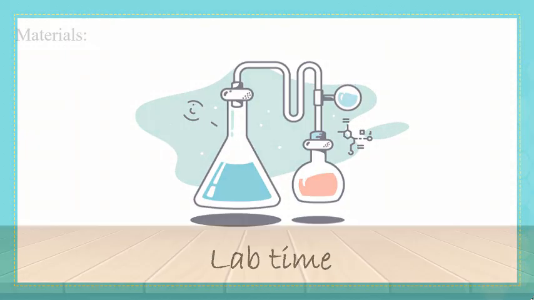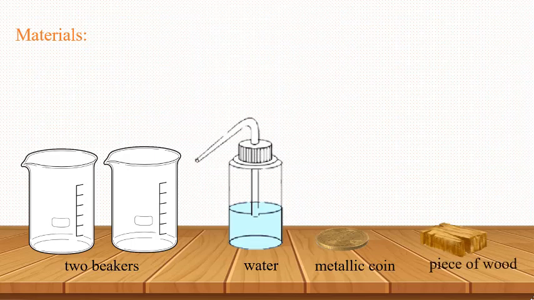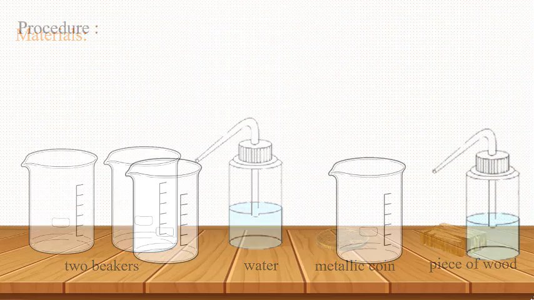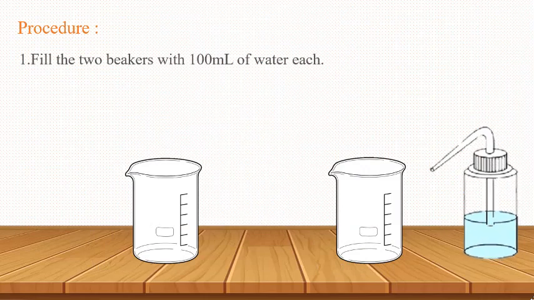Lab time. Materials. You need 2 beakers, water, a metallic coin, and a piece of wood. Procedure. First of all, you have to fill the 2 beakers with 100 milliliters of water.